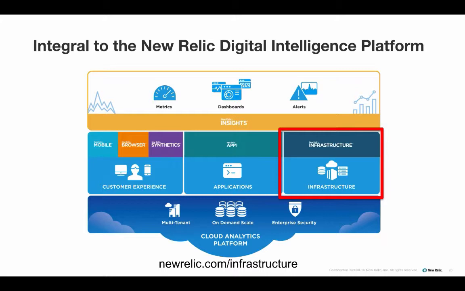This is something that we didn't talk a lot about, but I think it's really important. New Relic Infrastructure is a piece of a much bigger puzzle that we call the digital intelligence platform. We spend a lot of time on the infrastructure-specific scenarios around servers, caches, queues and load balancers.